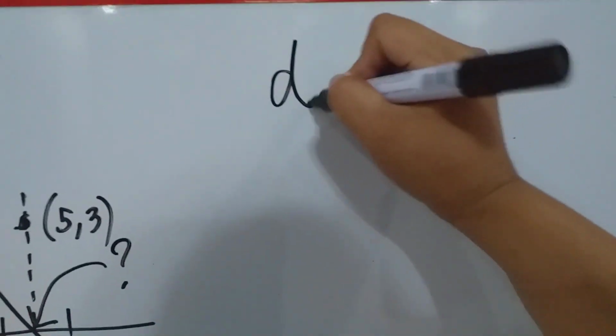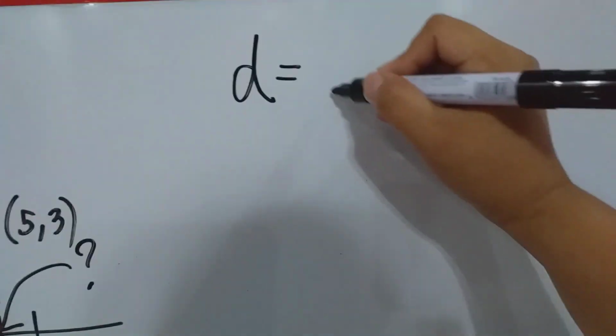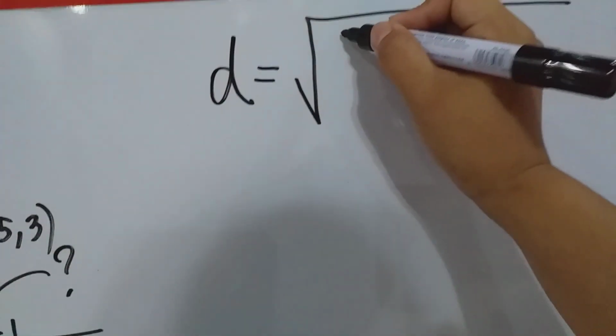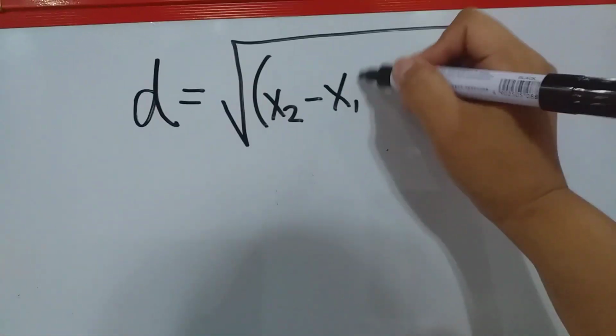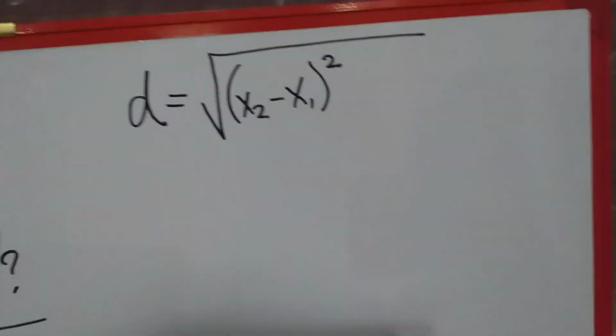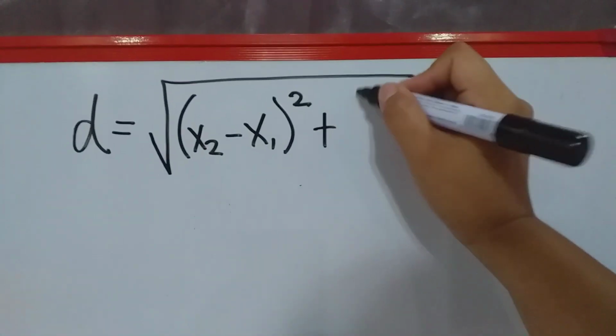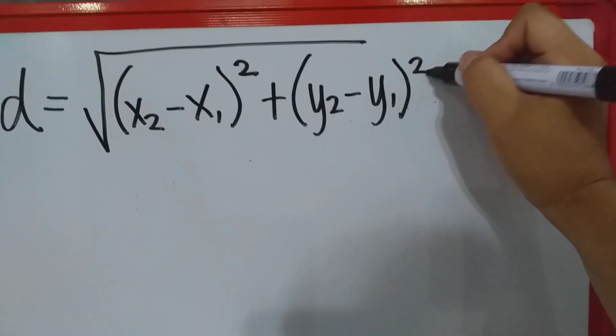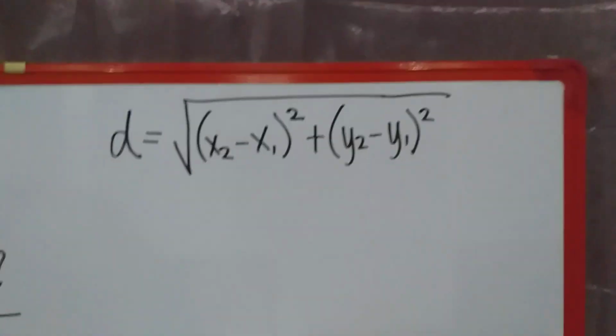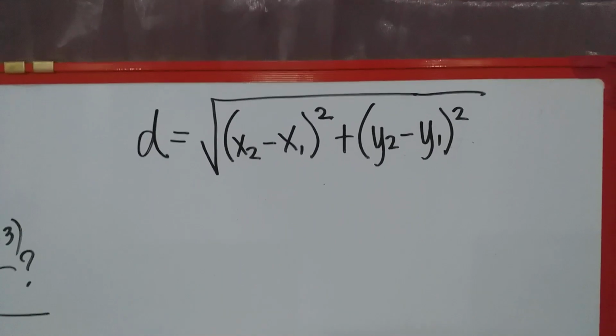The distance between 2 points is equal to the square root of (x sub 2 minus x sub 1) quantity square plus (y sub 2 minus y sub 1) quantity square. Okay, so that's the distance formula.